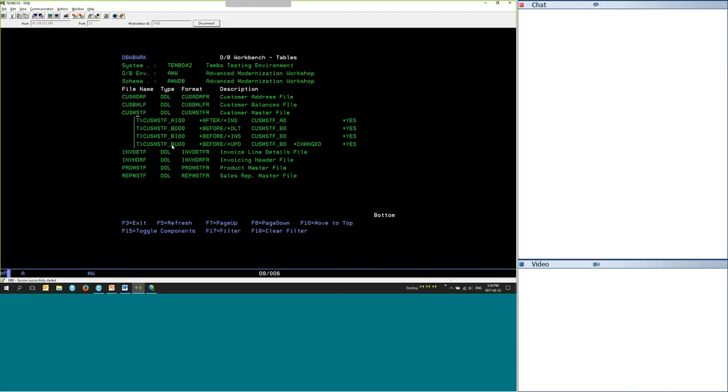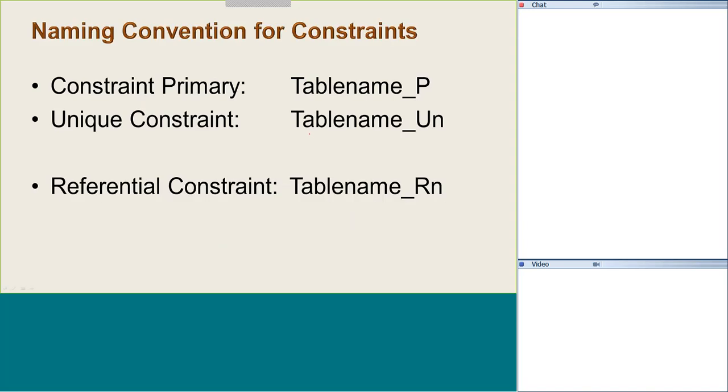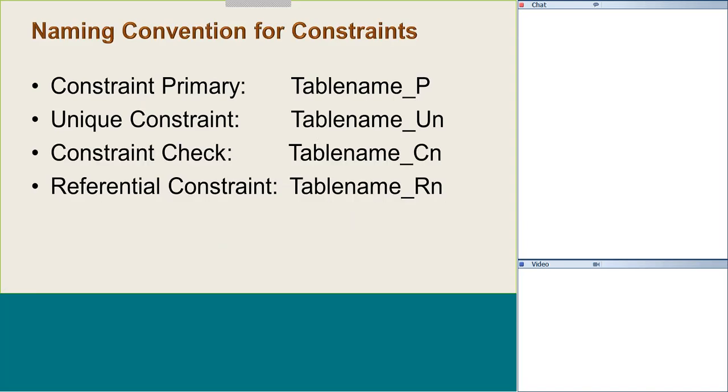So let us have a look. I just want to make sure I've answered all the questions. I think so. Right. This was just a naming convention for my constraints, which came up from last session.